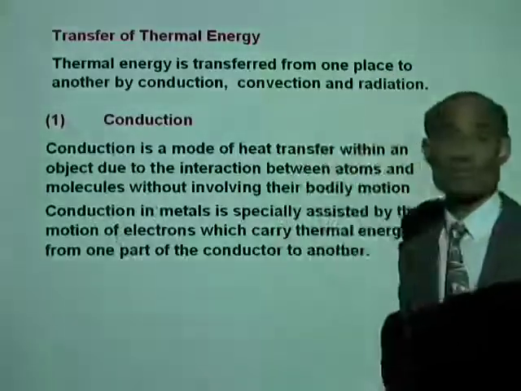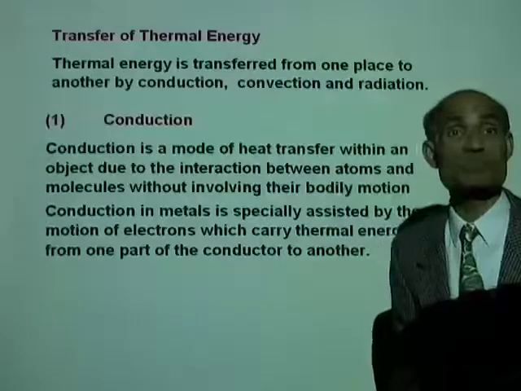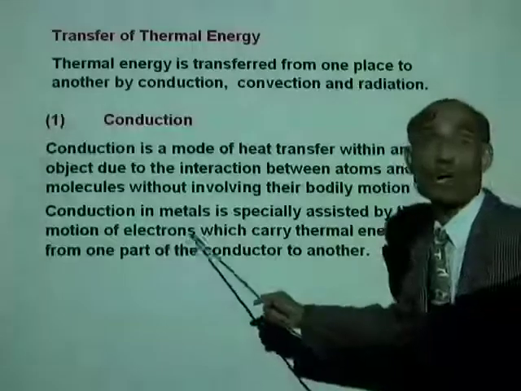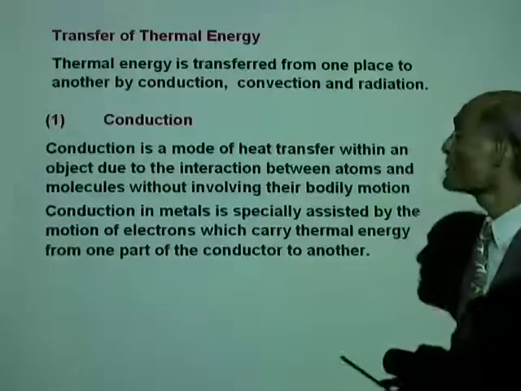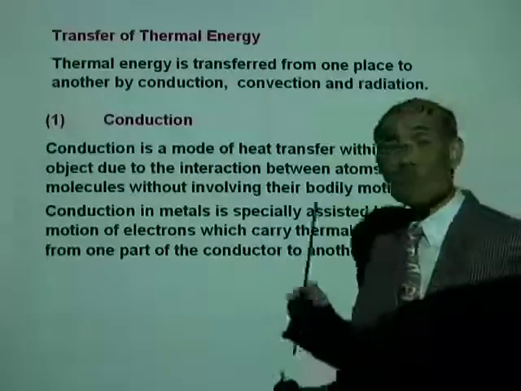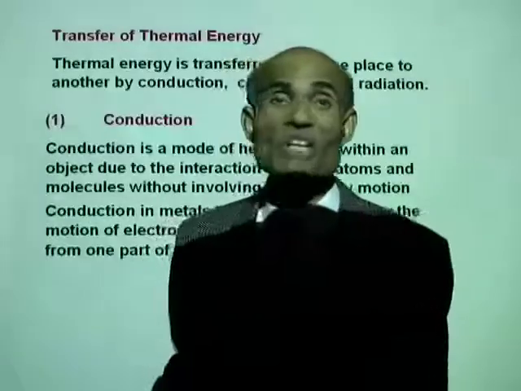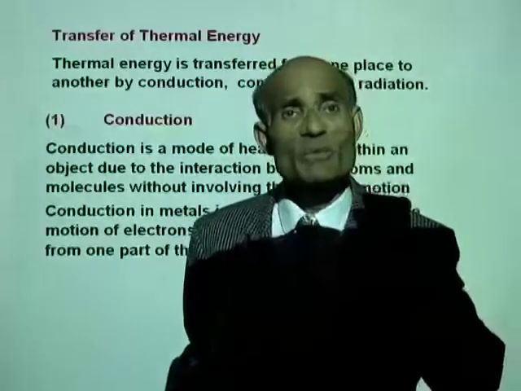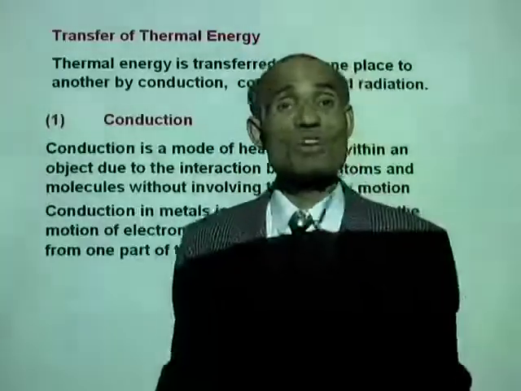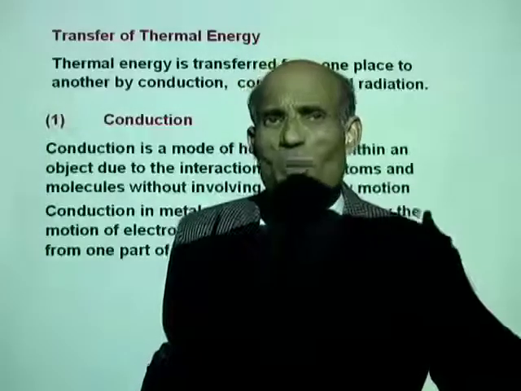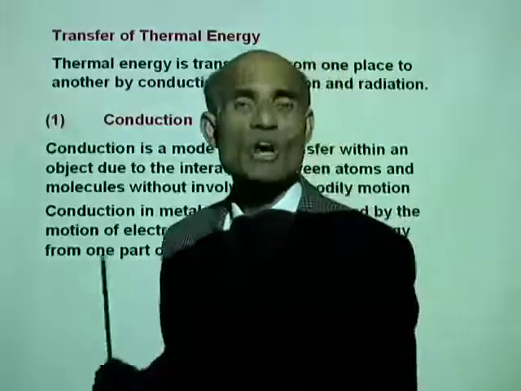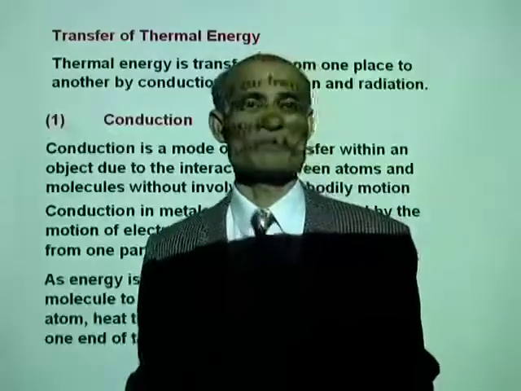Conduction in metals is specially assisted by motion of electrons which carry thermal energy from one part of the conductor to the other. In fact, the theory of conduction involving the motion of electrons is a little more complicated, and we will not get into that in this course.